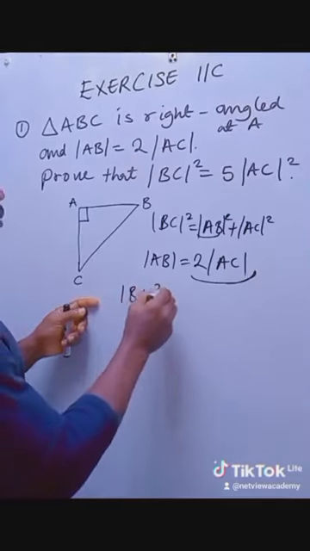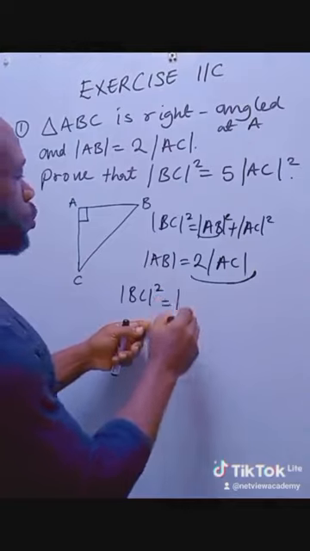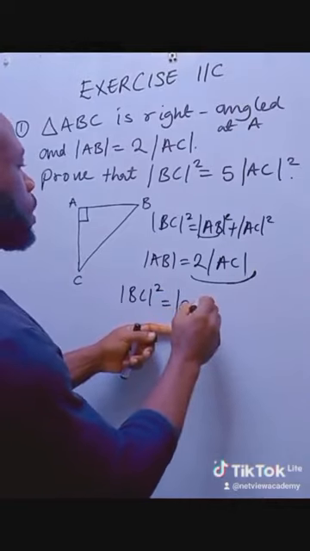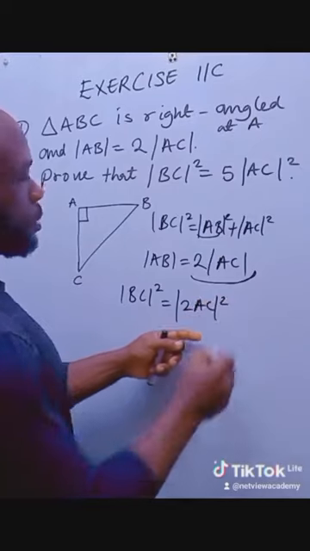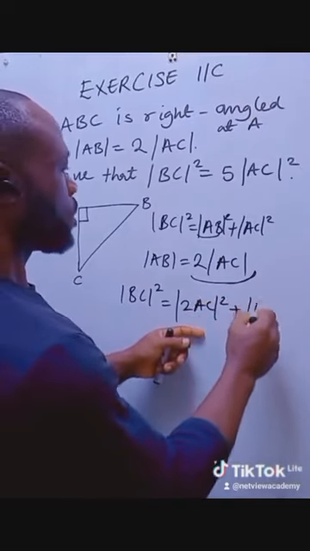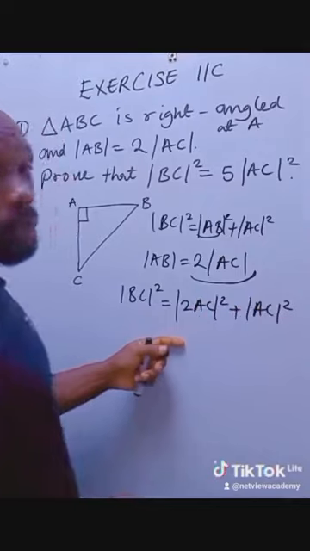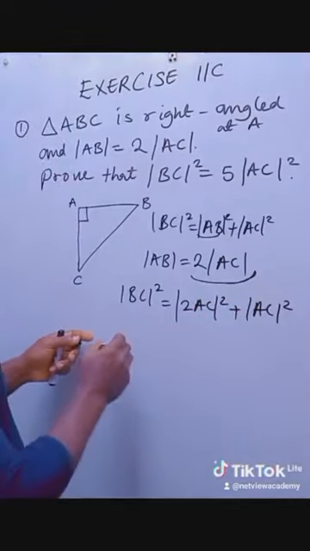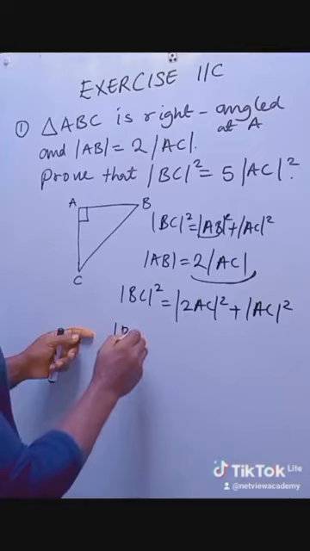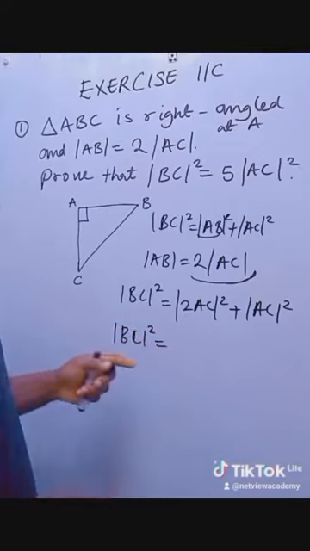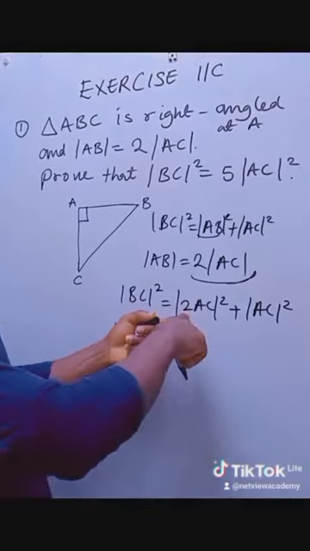BC squared is equal to 2AC squared plus AC squared. Therefore, BC squared is equal to, the square of 2 is 4.